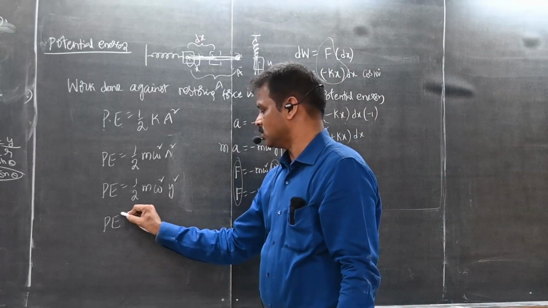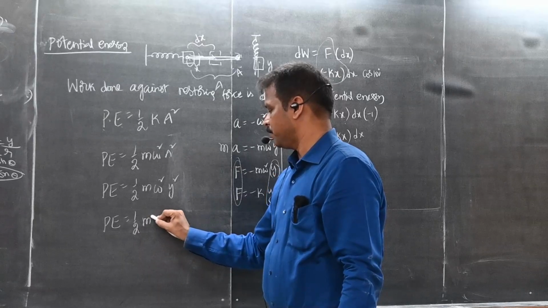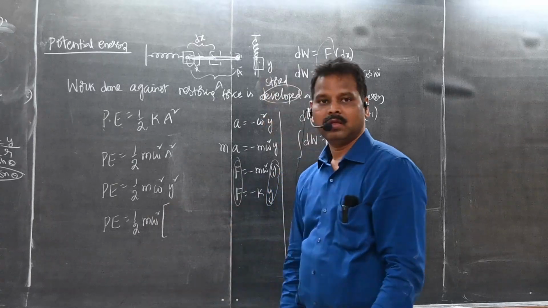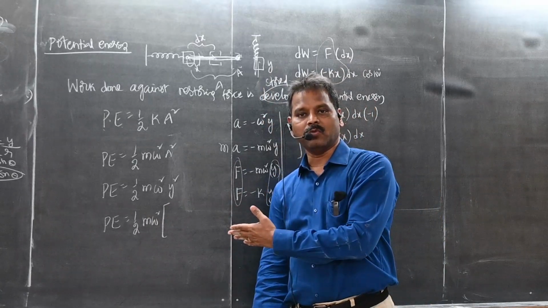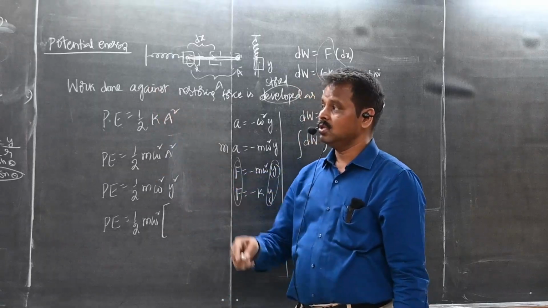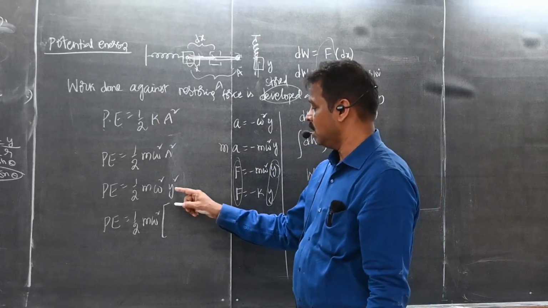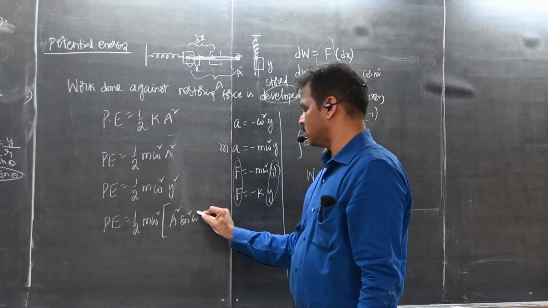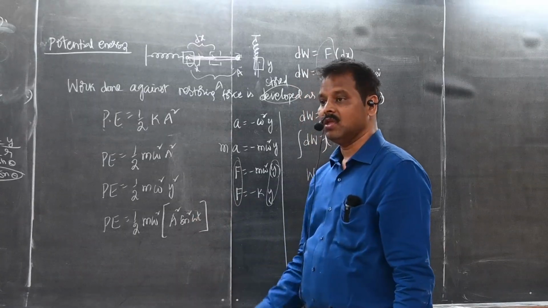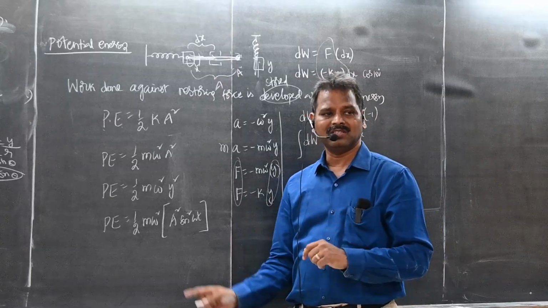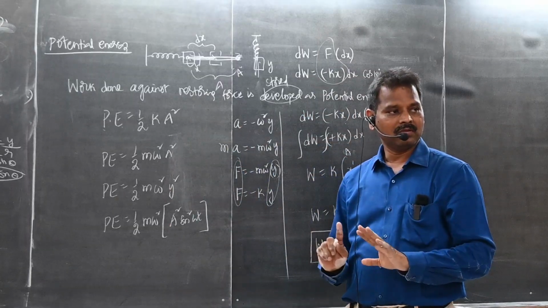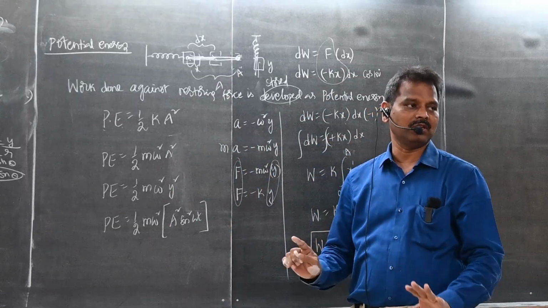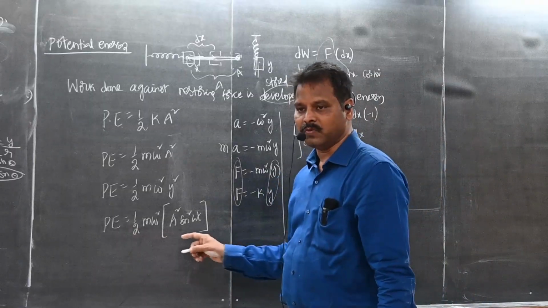So what is the potential energy formula? Half m omega square y square, and the displacement of simple harmonic motion is y equal to a sin omega t. So y square is a square sin square omega t. This derivation is not required for theory, board exam, or NEET, but you want this final expression.